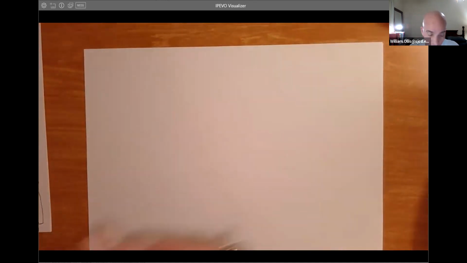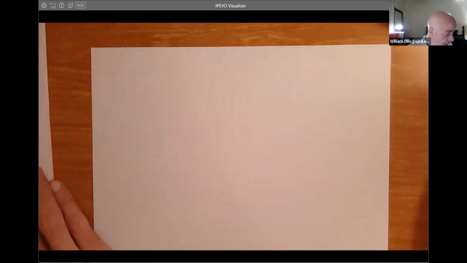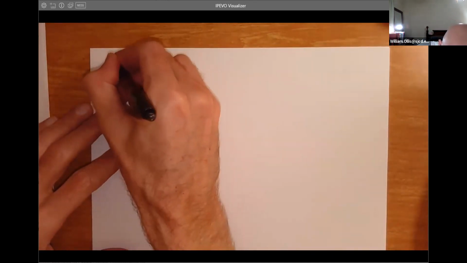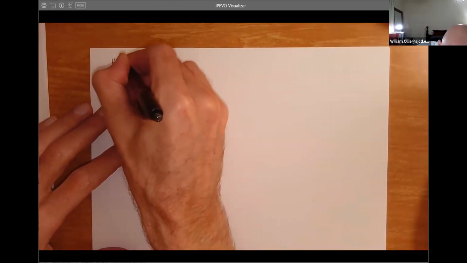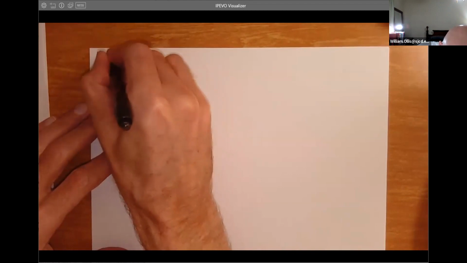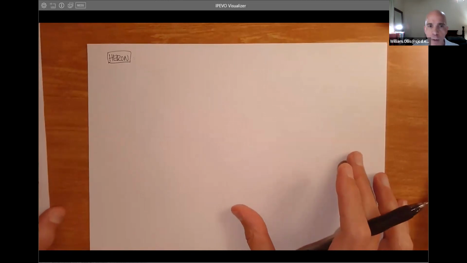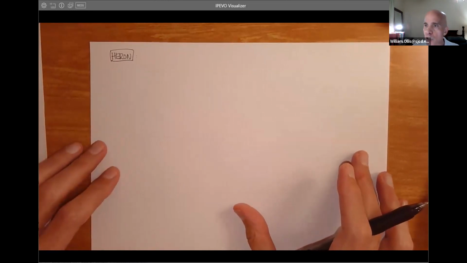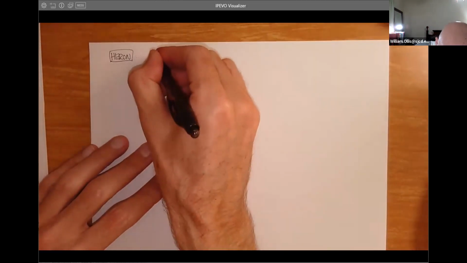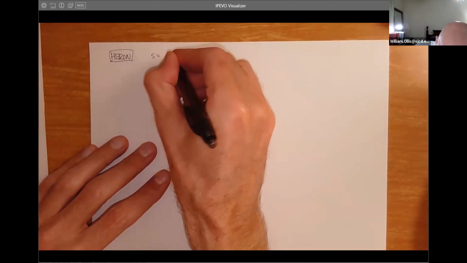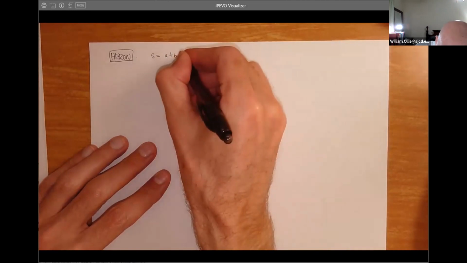Now, the other thing that we did, and you probably thought I just made up Heron's formula, and I didn't. I didn't make it up, even though you might think I did. So Heron. This formula is probably one of the most unusual formulas in the sense that we define, for our generic triangle, the semi-perimeter.